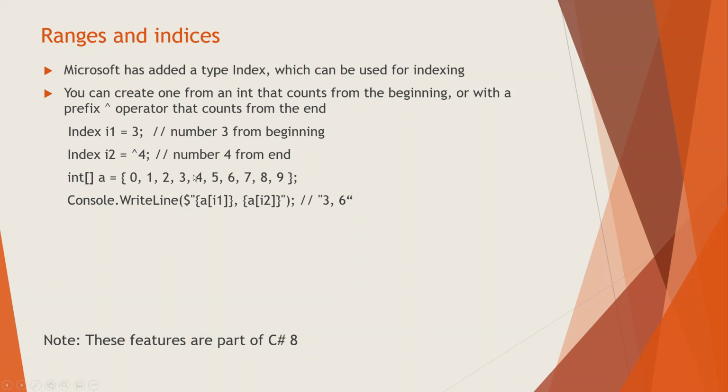Because i1 is equal to 3, and a[i2] is the number 4 from the end. So 1, 2, 3, 4. So 3 and 6, 3 comma 6.